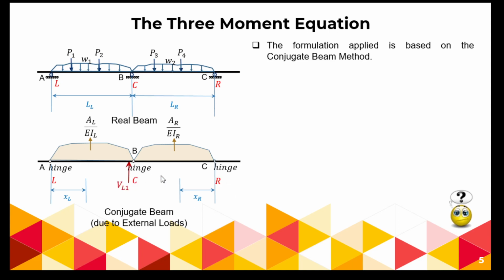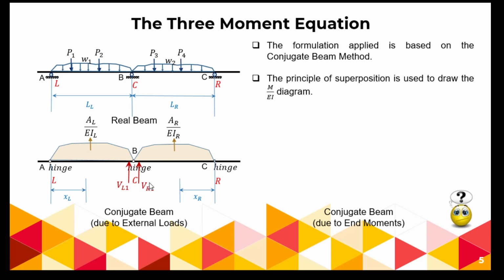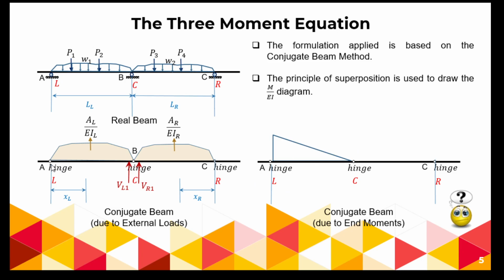And at the center, of course, we have the shear values. Makompute aton nga shear values. And so with the support at the left and right. We are going to apply now the principle of superposition to draw the M over EI diagram. So ang principle ni superposition, the value of the moment at the left support is equal to the shear times its span.